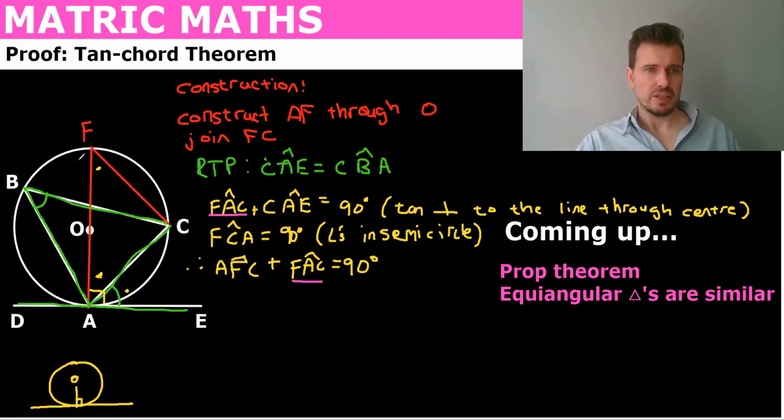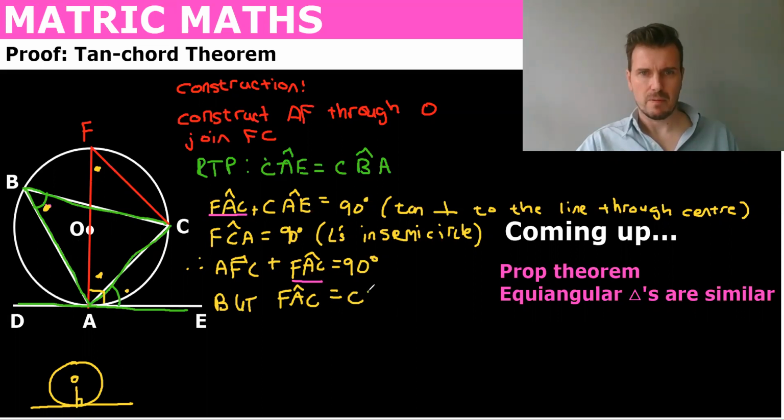Well, we know that these are equal because they are both in the same segment. So I can say, but FAC, or CFA, I'm calling it FAC, equals CBA, this one. Angles in the same segment.